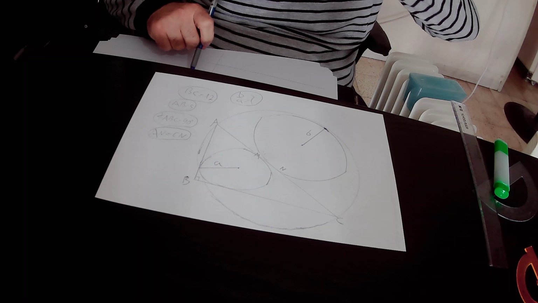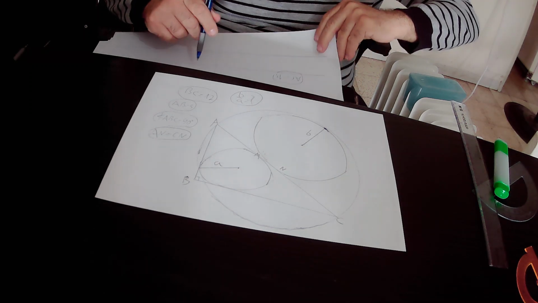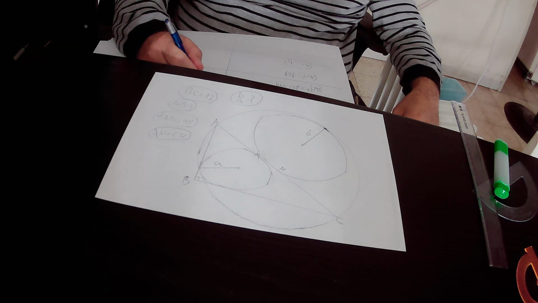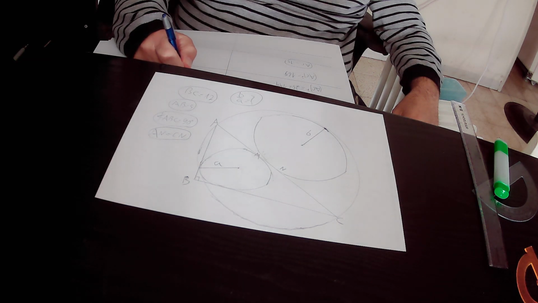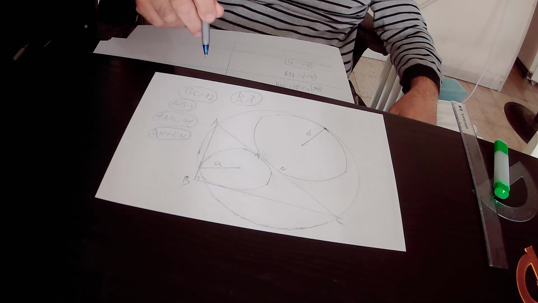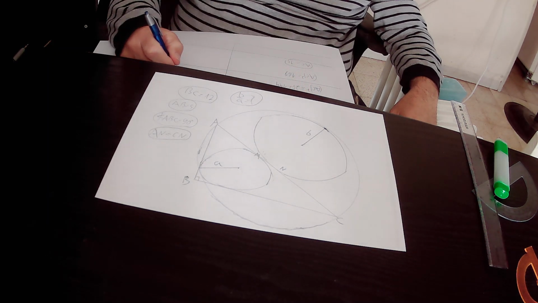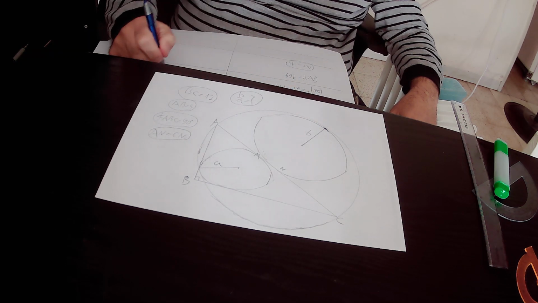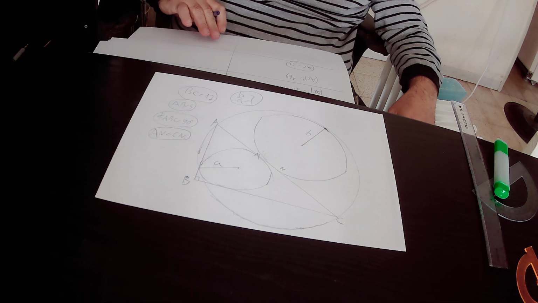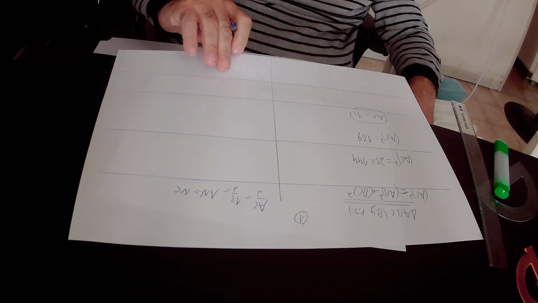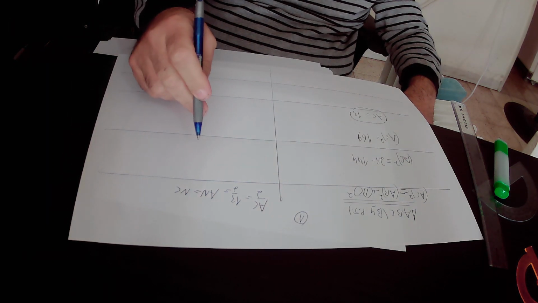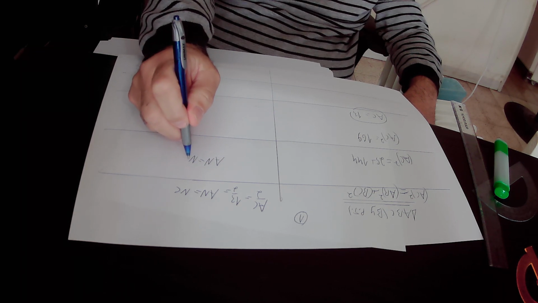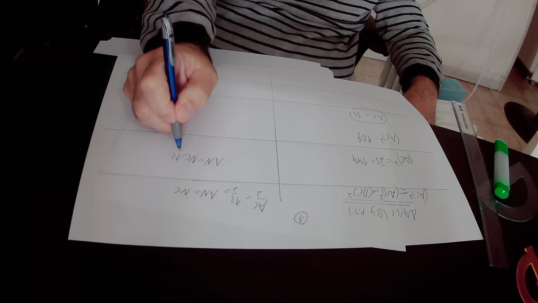So I can write down that AC over 2 is equal to 13 over 2, which equals the first half, that is AN, and it is also equal to the second half, that is NC. We found out that 13 over 2 equals AN equals NC, that is to say AN equals NC equals 13 over 2.